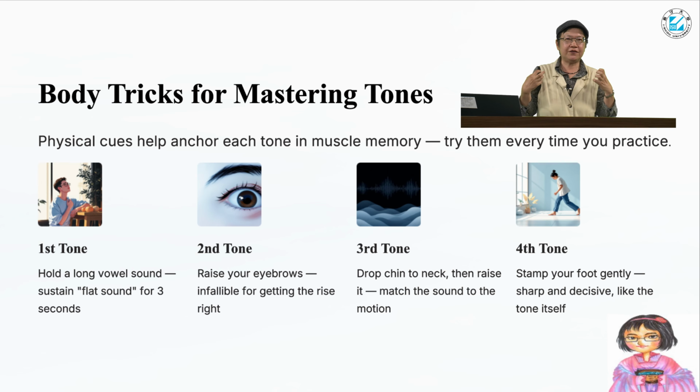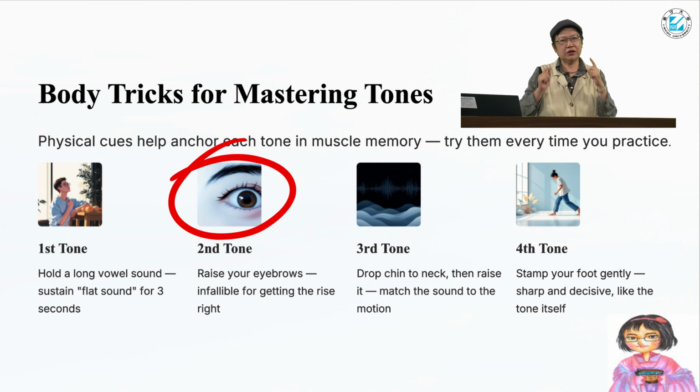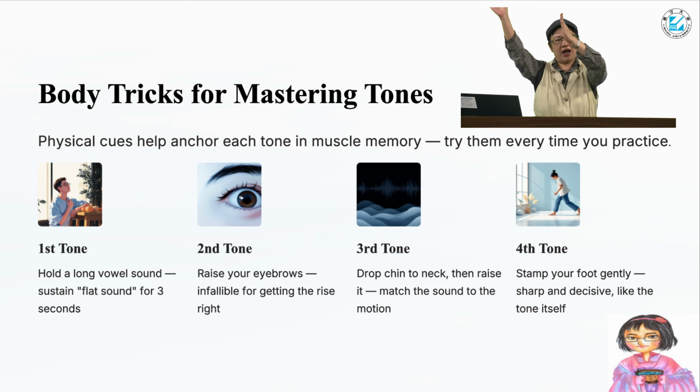Okay, so let's try to do a little bit movement of your body, okay? So when you pronounce the first tone, try to keep the sound flat, okay? And you can have a little bit gesture like this, flat, ba, ba. And the second tone, you can move your eyebrow a little bit up, ba, ba.